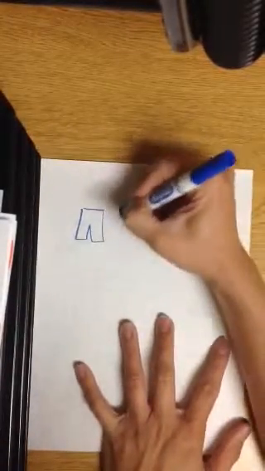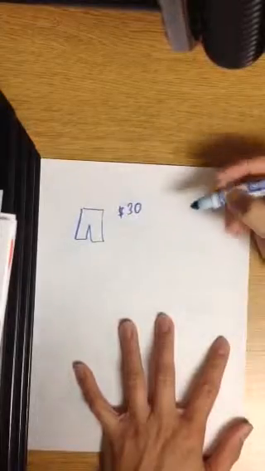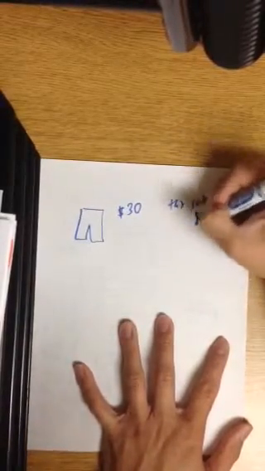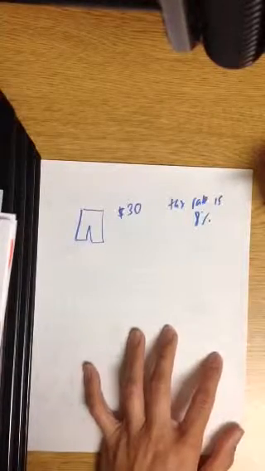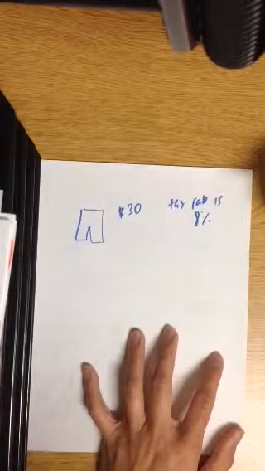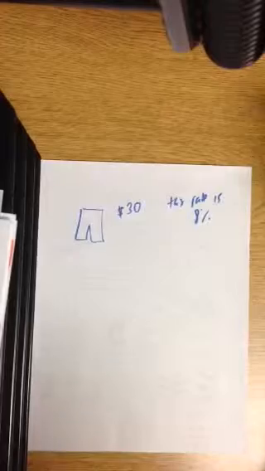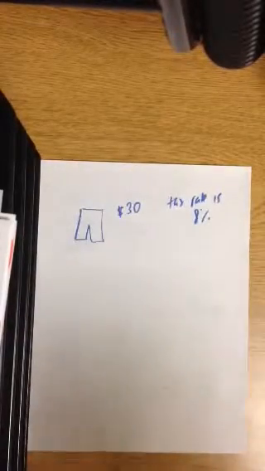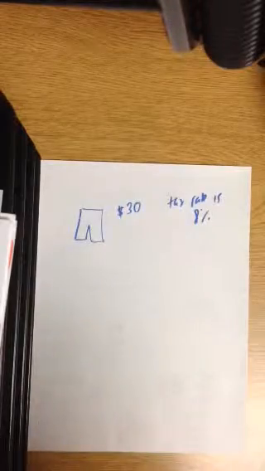Let's try another example. You have a pair of pants and it costs $30. The tax rate is 8%. What is your price with the tax? Because with tax, you help pay for the government.